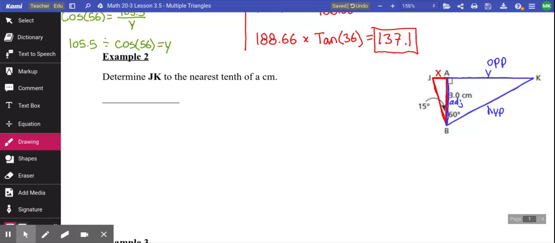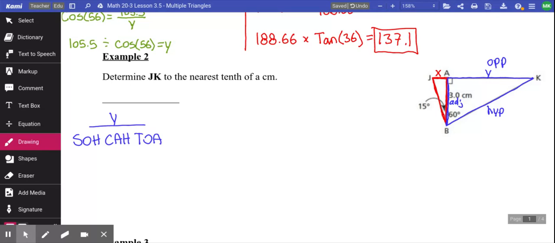Let's try to find that value of y. First thing we do is Sohcahtoa to pick our formula. For this question, I'm putting check marks under opposite because I want to find my opposite, and I'm putting a check mark under A because I know my adjacent.